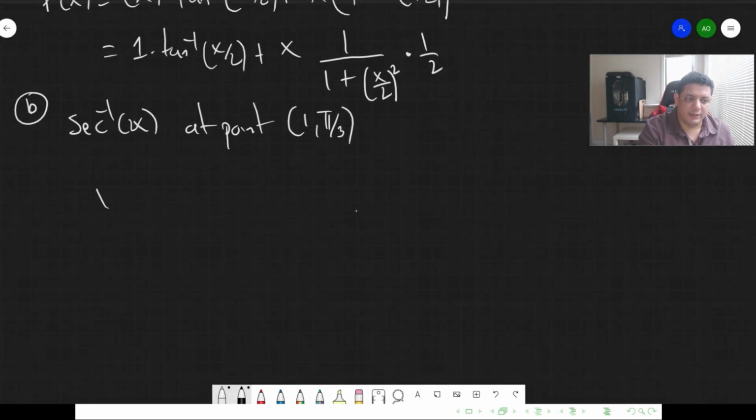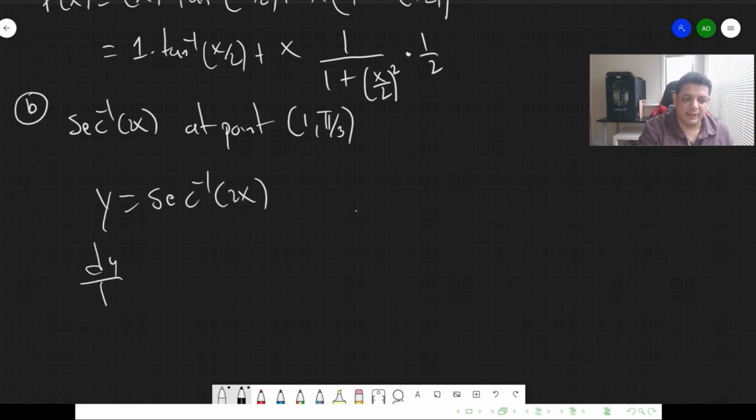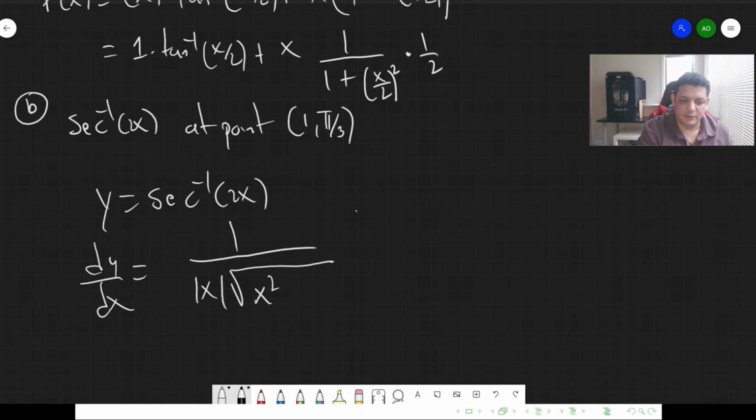Alright, so if y equals secant to the minus 1 of 2x, then what will dy dx be? We use the formula for secant, which is this. Oh, but wait a minute, this is 2x. So instead, it has to be 2x times square root of 2x squared minus 1. And now we multiply by the chain rule, which is the derivative of 2x, which is 2.